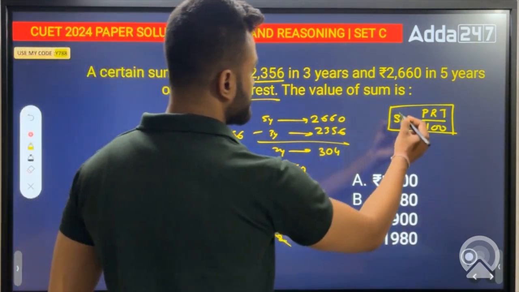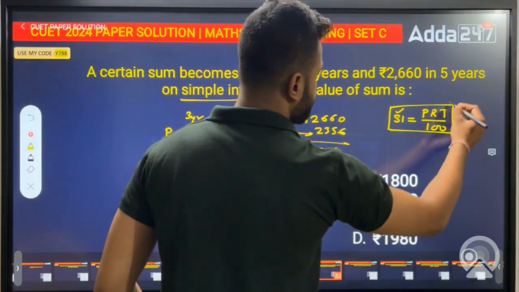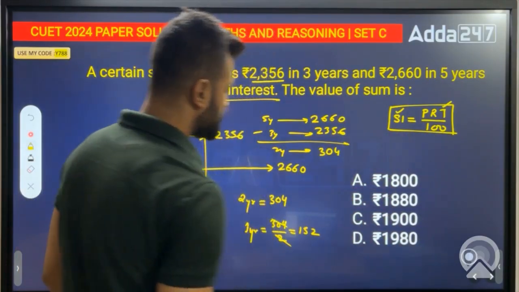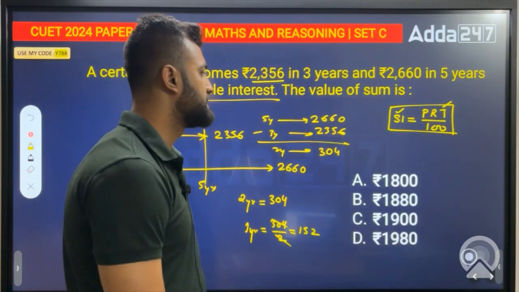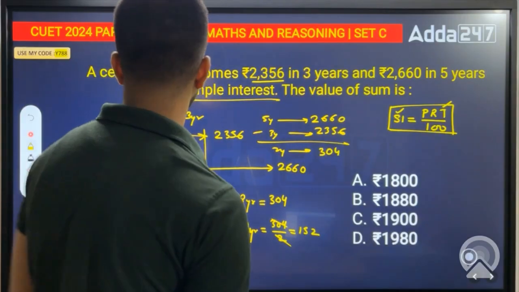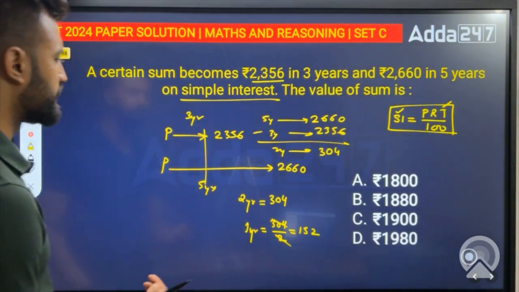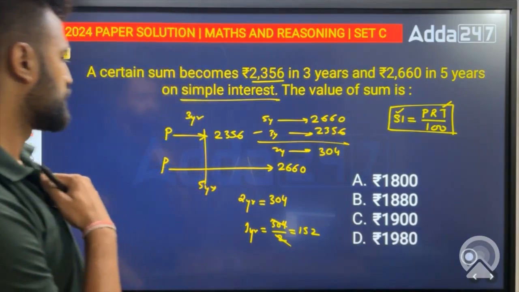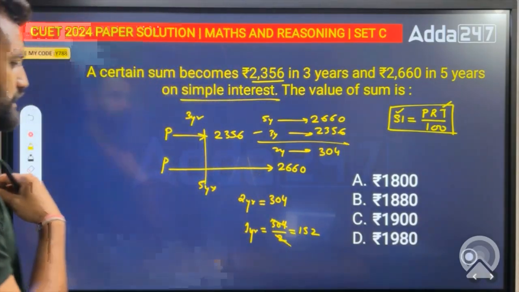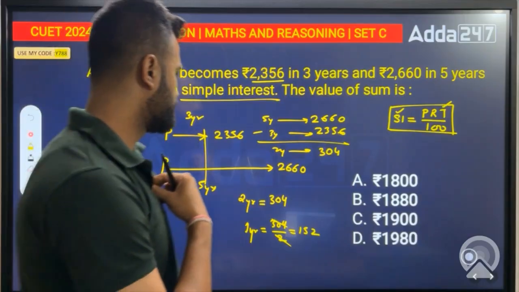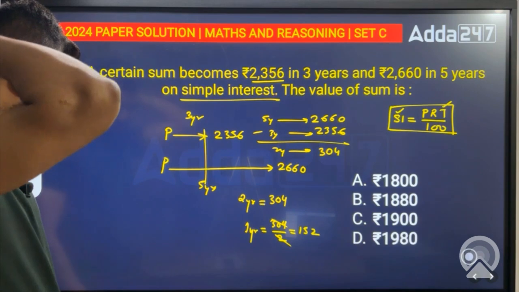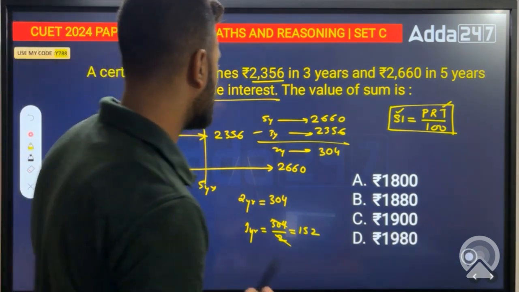So I have the interest. I have the time. If you give me the rate, I can get you the principal. How to find the rate? In order to find the rate, what we can do is, 1 year we have got, we need the rate. 152 divided by, if I do like this, it will not come.